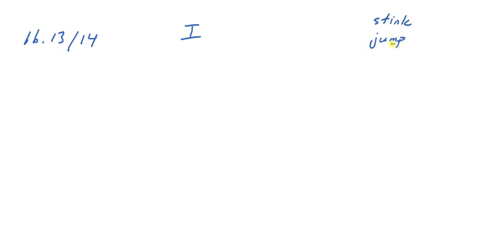If I had a Greek present active indicative for jump, I might translate it as I jump, right? That would be appropriate. Or I am jumping. Do those both sound okay to you? Okay, good. Now, if I had a present active indicative of to stink in Greek, I would translate it as I stink.